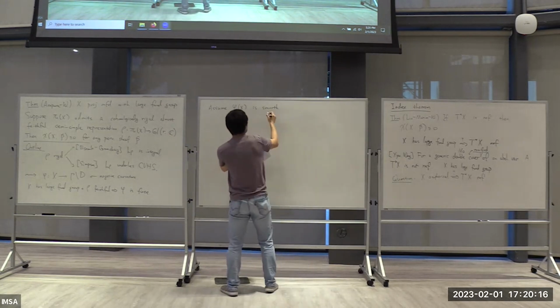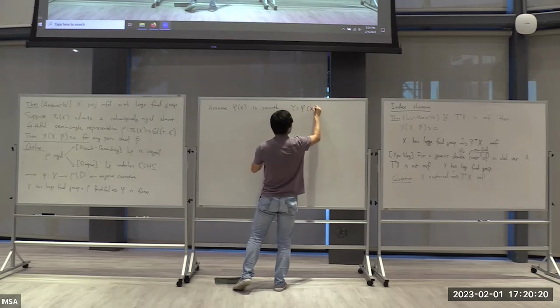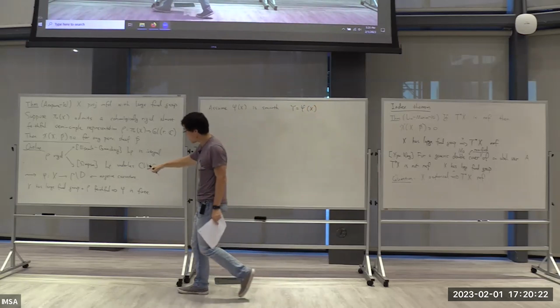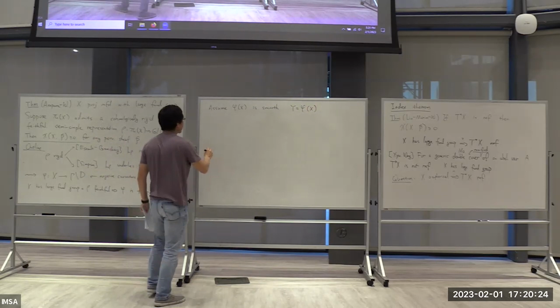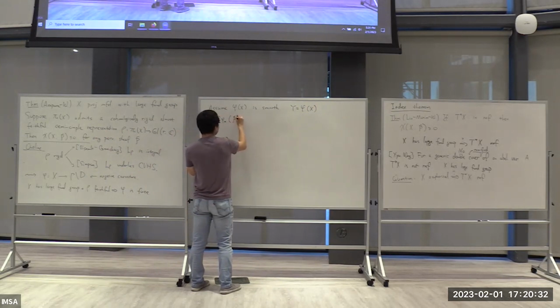So assume it's smooth, so let's actually call this Y, the image, which is smooth, a submanifold of the period domain. Then what we can do is push forward a perverse sheaf.